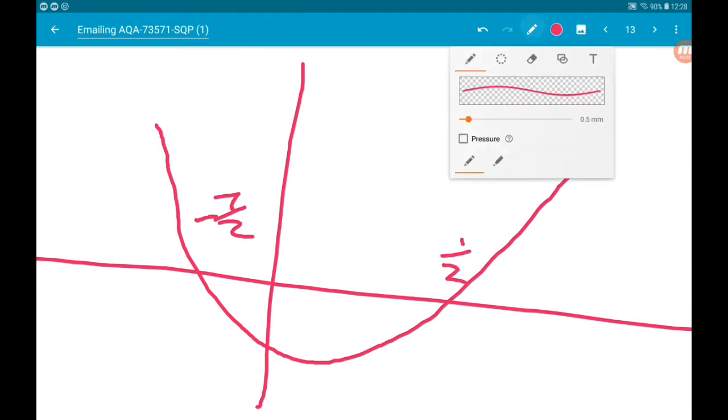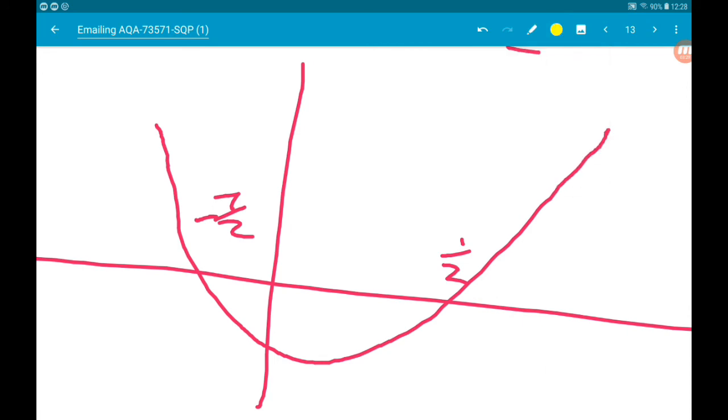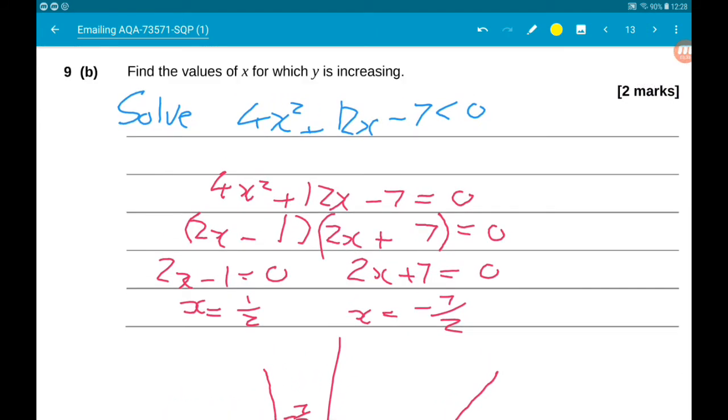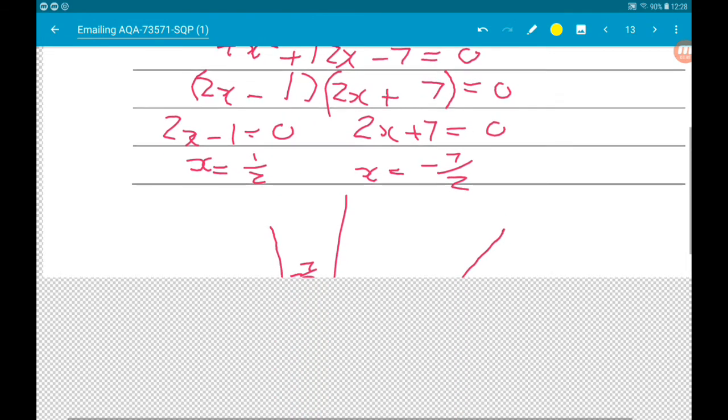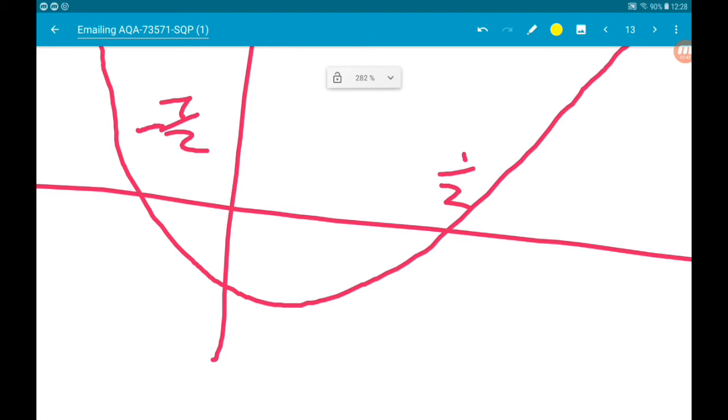Now the region that we want is, well, remember we are trying to solve 4x squared plus 12x minus 7 is less than 0. So we want the x values that generate the bottom part of the graph.